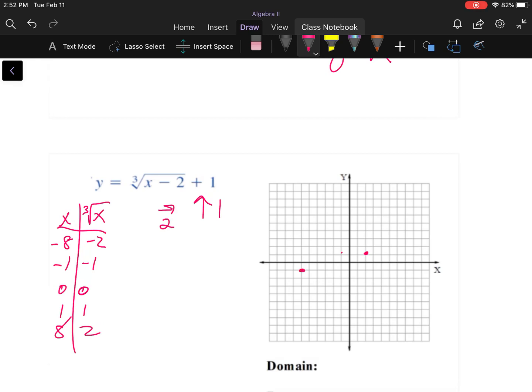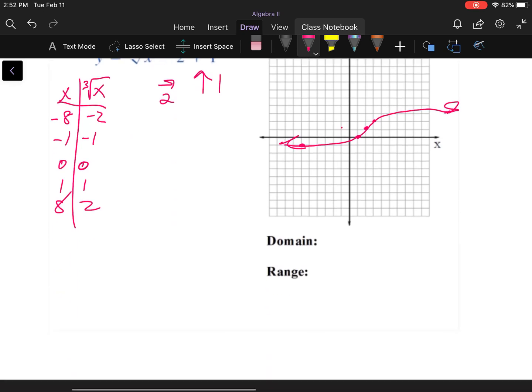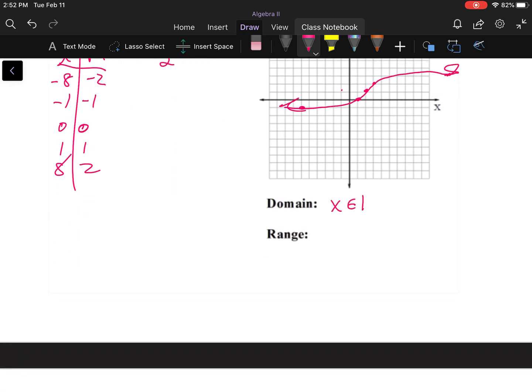Down 2. Over 1, down 1. Up 1, down 1. And somewhere over there, and there is my cube root graph. So x is all real numbers, and y is all real numbers.